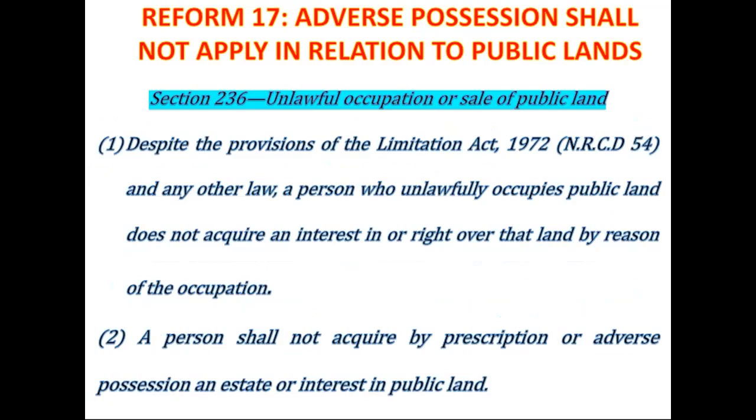So now we have cancelled the possibility of acquiring state land by adverse possession. We have cancelled the possibility of extinguishing a state title by adverse possession. That's section 236 of Act 1036.